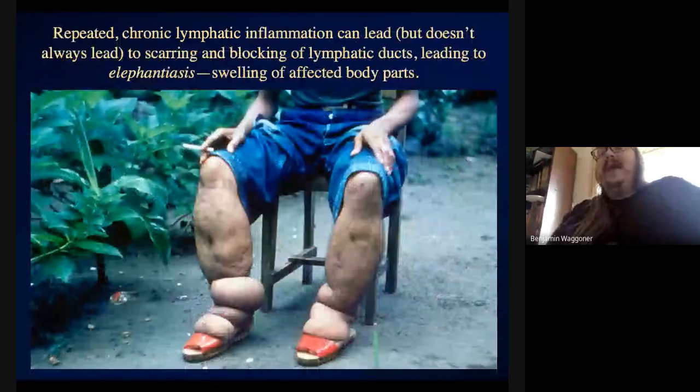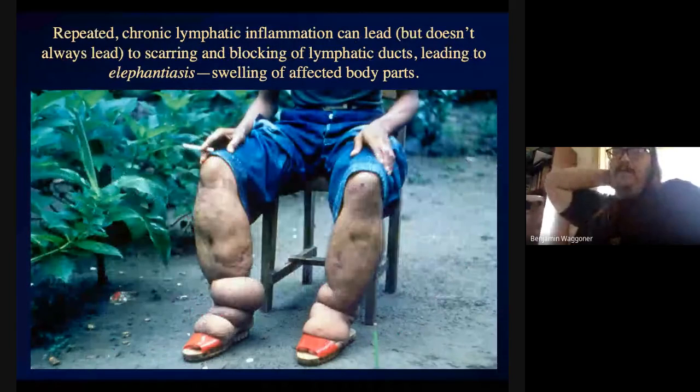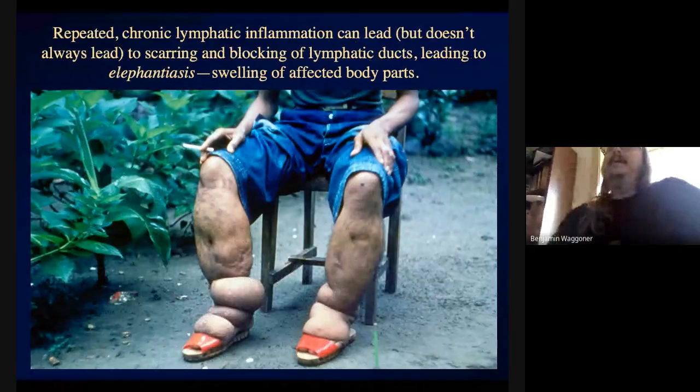This doesn't happen to everybody that gets infected by Wuchereria, but if it's chronic, lymphatic inflammation can lead to scarring and blocking of the lymphatic ducts, and that leads to edema, swollen body parts. So this person's badly swollen legs are caused by blockage of lymph vessels in the legs. The lymph can't drain the way it's supposed to, and this can lead to a condition called elephantiasis.